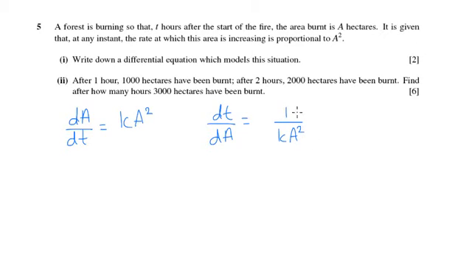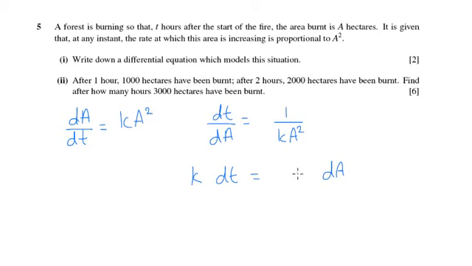So get 1 over Ka squared. The next thing to do is to bring the dA up here, and if you've ever got a K on the bottom, on the denominator, it's always better to bring the K up to here. Makes the maths much, much easier.